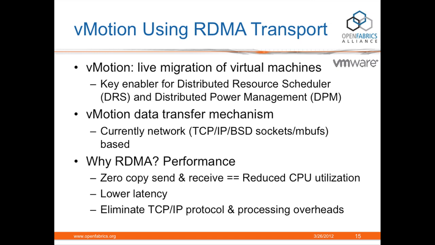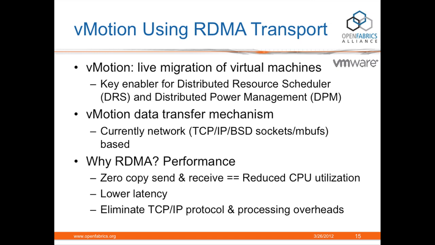Bhavesh? Yeah. So if RDMA is actually used for VMotion, what would be the end customer benefits? If all these things are achievable, are they able to put more VMs on a particular host? Yeah, that's a good question. So there are several benefits of RDMA if VMotion was to go over RDMA. There's reduced CPU utilization, both at the source and the destination host during the VMotion.